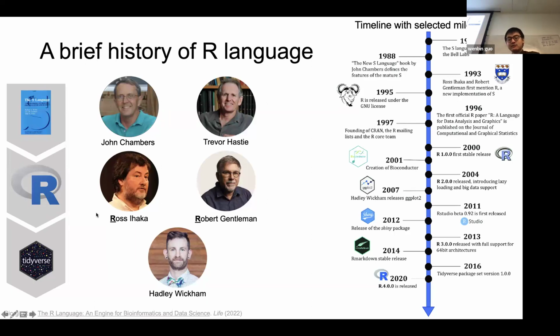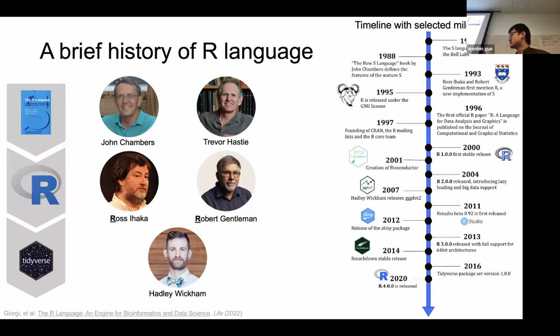And after these two gentlemen, there is another guy called Hadley Wickham. This guy actually initiated the tidyverse. So this is the most famous guy. And in RStudio, there is a core team consisting of a small group of intelligent people. They try to make data analysis pretty easy, pretty handy.